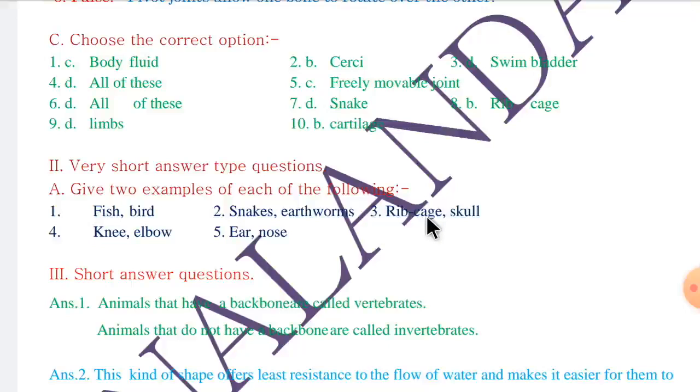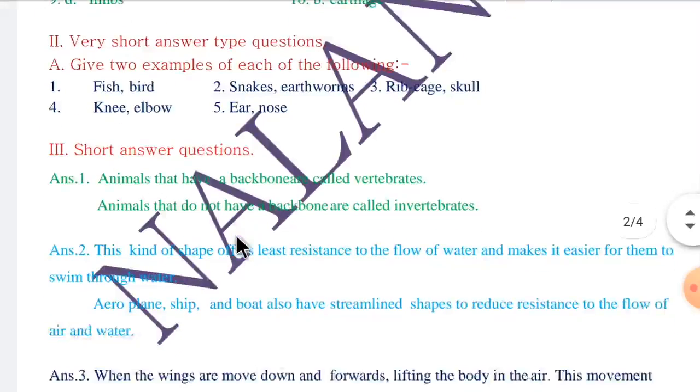Third, parts of the human skeleton: rib cage and skull. Next, parts of the body with freely movable joints: knee and elbow. Parts of the body that have cartilage: ear and nose. So these are the objectives.